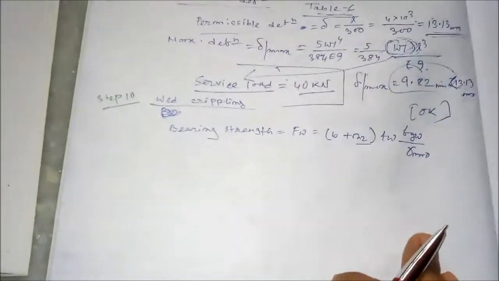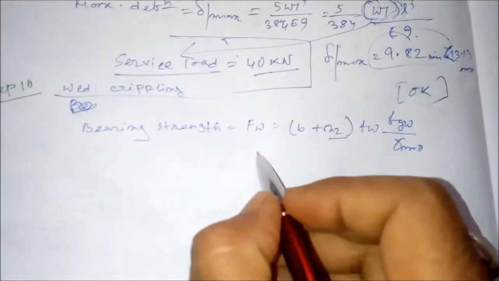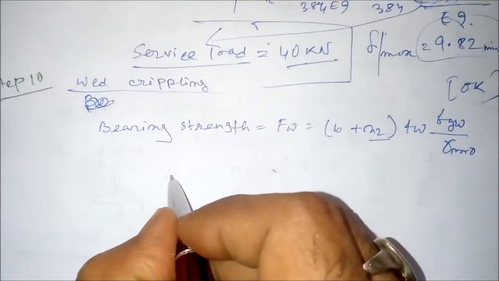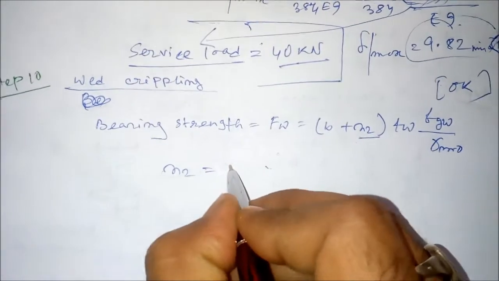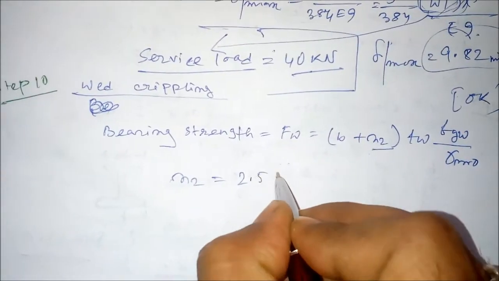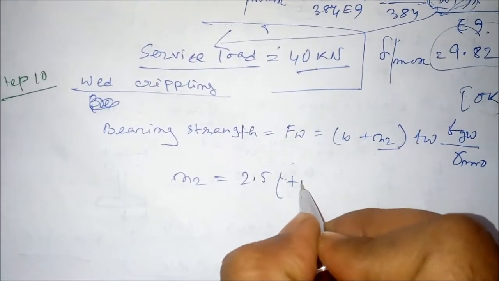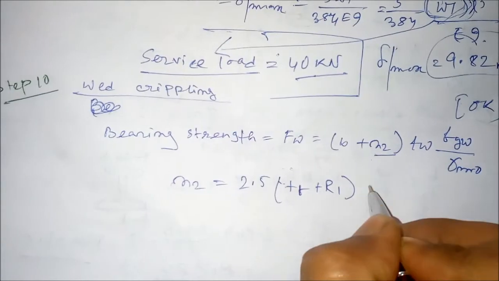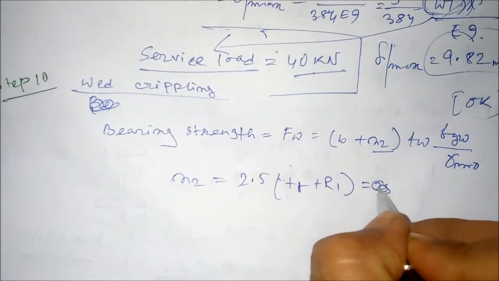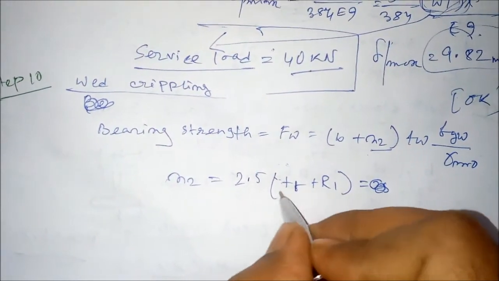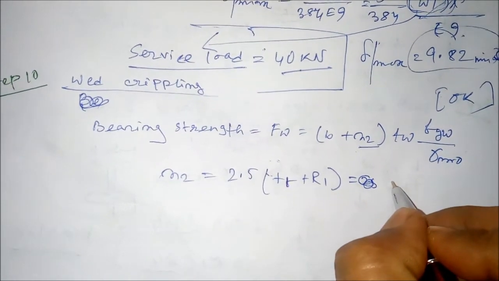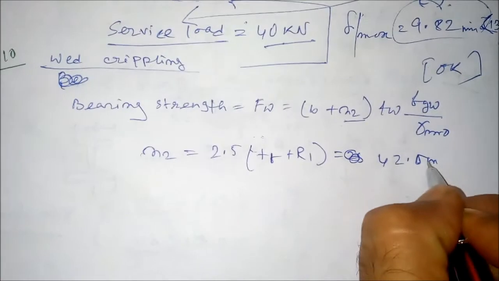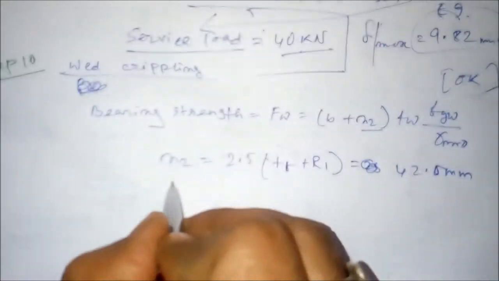You can write n1 also, whatever. So this n2 value will be equal to 2.5 into tf plus r1, as I have already told you. After putting all the values, tf and r1, those values are known. If you put the values, this will become 42 millimeter, right?